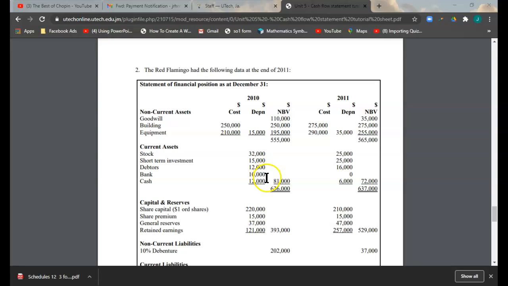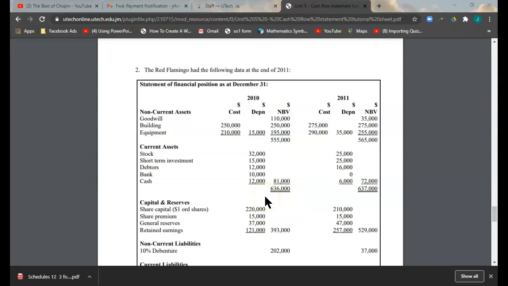So in essence, in arriving at the figures, you can get some quick answers for those figures where you just simply subtract the figures here. But there are some of the calculations that will require T accounts.